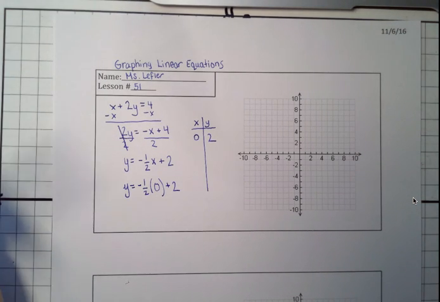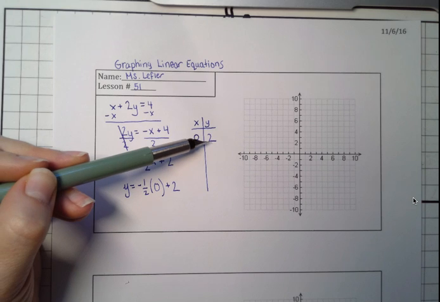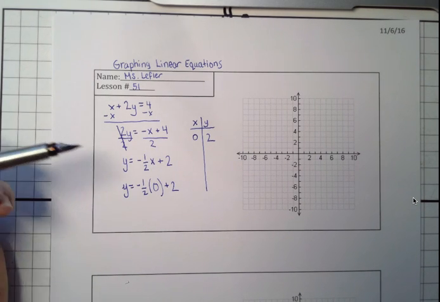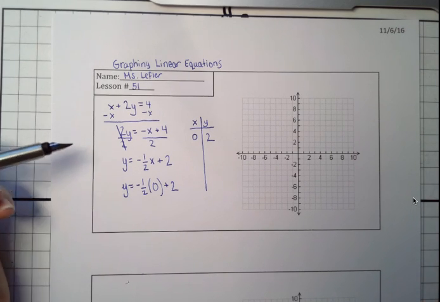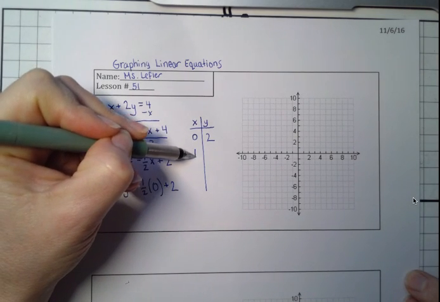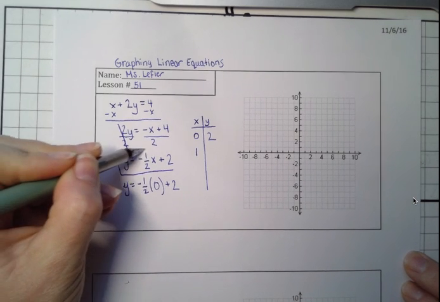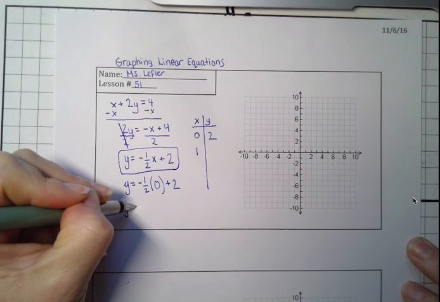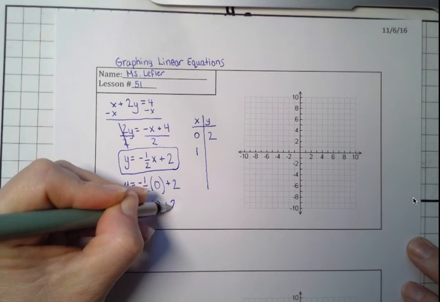And so we have now an ordered pair, a coordinate. We have 0 for x and 2 for y. Let's do a couple more points. So one thing that we could try is 1. So if I plug in 1 into this equation where I've solved for y, I would have y equals negative 1/2 times 1 plus 2.